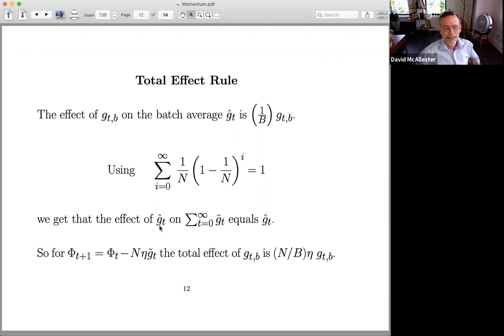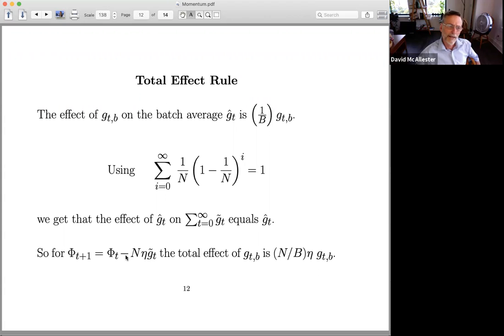So we get that the effect of the batch average on the rolling average of the batches is just 1, it's just the batch average. Putting these two things together, the effect of a given point on the batch average is 1 over b, and the effect of this on the rolling average is just 1.